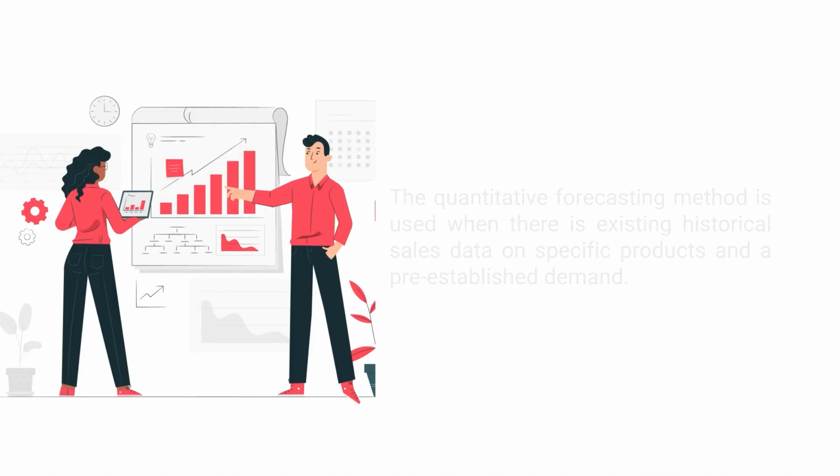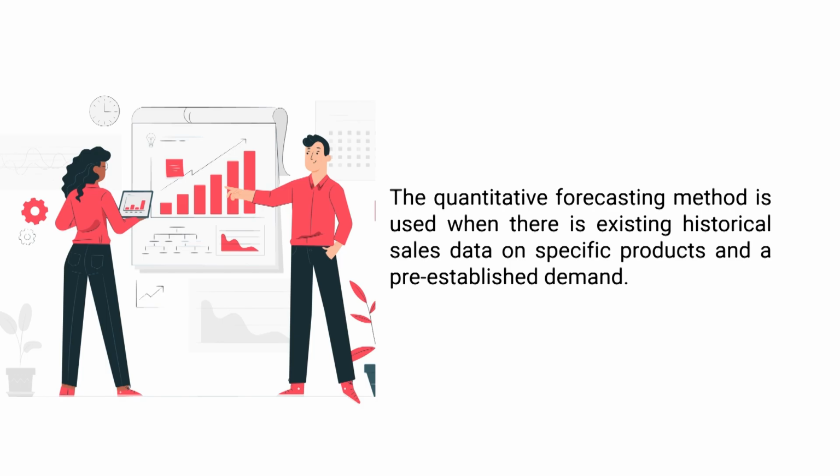The quantitative forecasting method is used when there is existing historical sales data for specific products and pre-established demand. Means if you forecast the demand in terms of quantity of the item, then we should know the historical past sales data, which will be helpful for the specific product and pre-established demand.